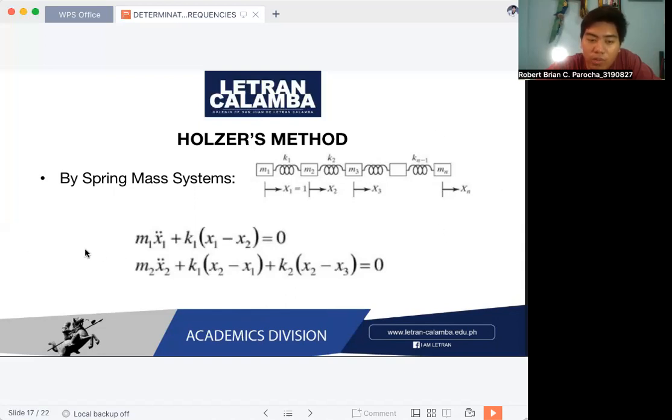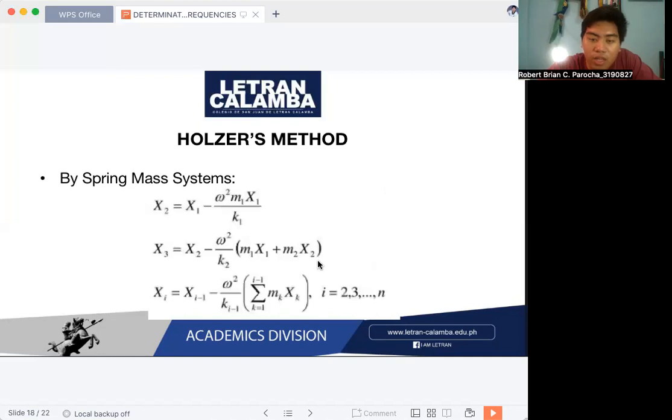From the equations of motion, we have this for the spring mass system. The equation also shows that the resultant force applied to the last n mass can be computed as shown.